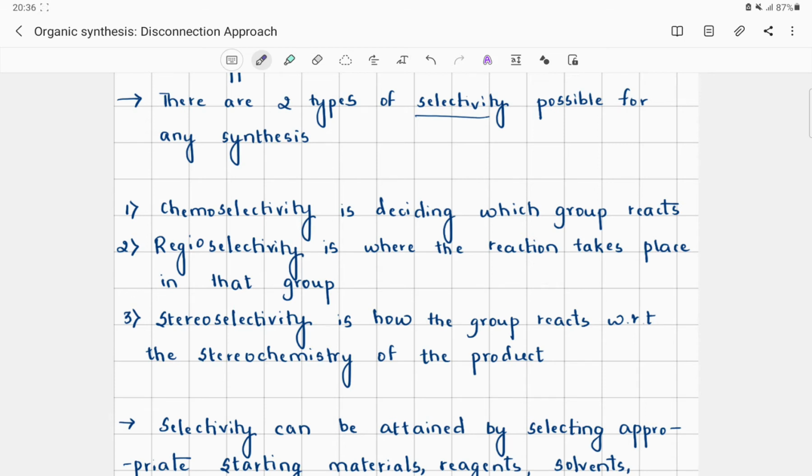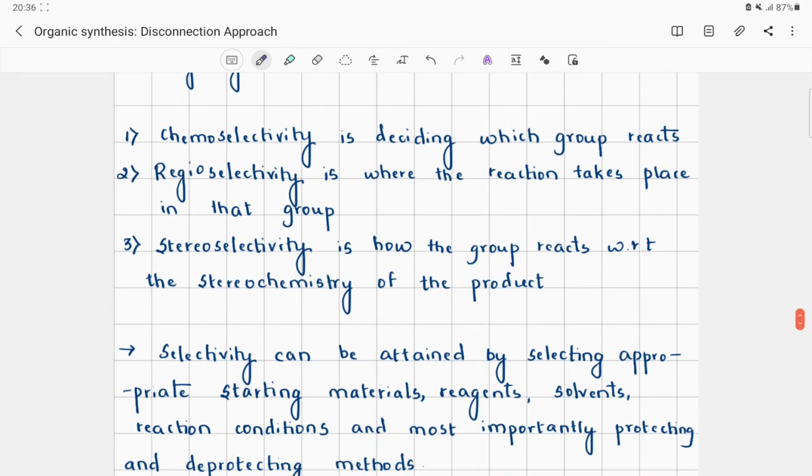Stereoselectivity is how the group reacts with respect to the stereochemistry of the product. You have already seen in various instances the stereochemistry of various final products. But chemoselectivity is which group is going to react, the decision to be taken.